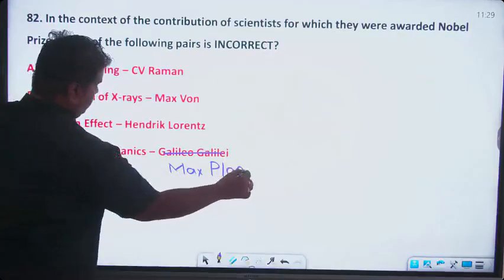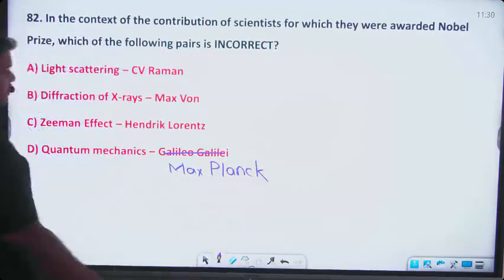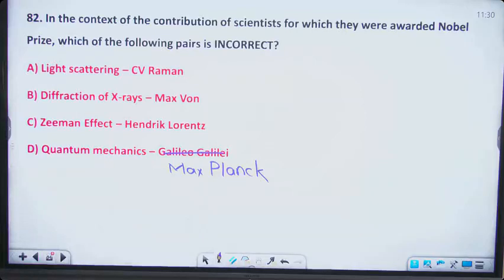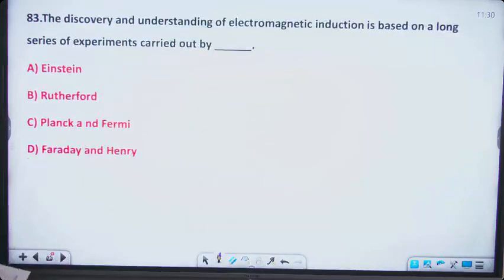Write down the answer here. The discovery and understanding of electromagnetic induction is based on a long series of experiments carried out by Henry and Faraday.